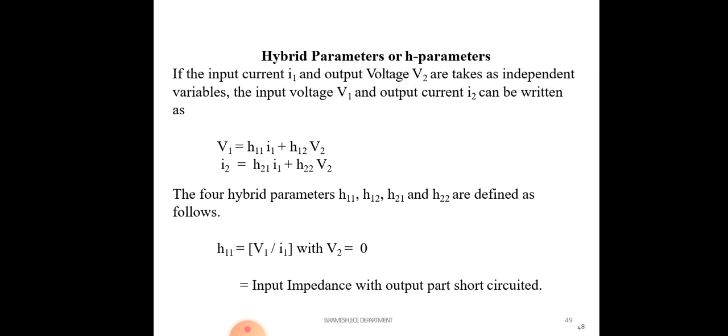So to get the input voltage and input current relation, we have to make V2 constant. When you make V2 constant, you get h11 is equal to V1 by I1. This represents voltage by current, so impedance: the input impedance with the output port short circuited.